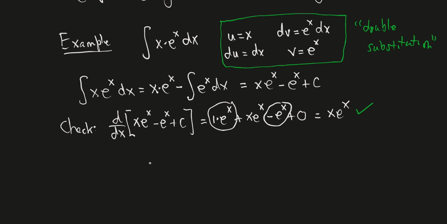And what is this wonderful recipe? Well, it's an acronym that consists of 5 letters, LIATE. And actually, let me preface this. In many Southeast Asian countries, they teach ILATE as opposed to LIATE. But anyway, each letter represents a type of function that you have studied up to this point.